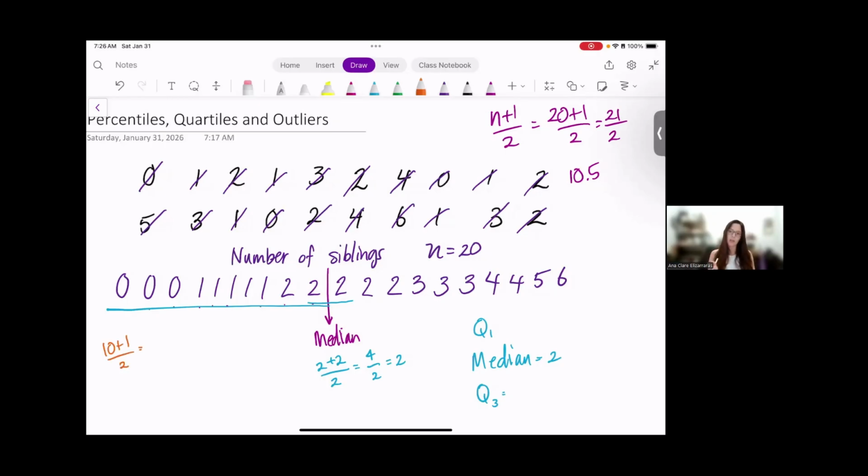That's going to give me the location of the median. 11 divided by 2 is 5.5, which means the median is going to be located between number 5 and 6. So 1, 2, 3, 4, 5, the median of the lower half is going to be located between those two numbers. So this is going to be your first quartile. I need to take the average of 1 plus 1 and divide that by 2. So 2 divided by 2 is 1.